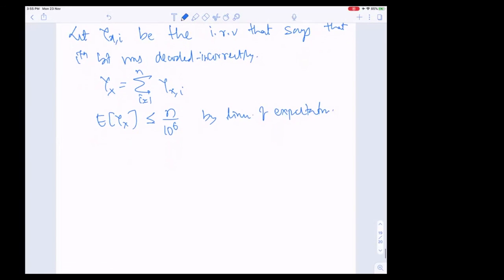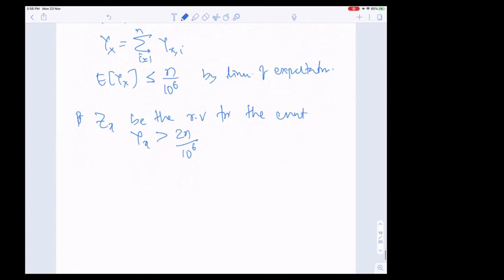Okay. Then probability, suppose Z_X be the random variable for the event Y_X is greater than 2n over 10 to the power 6.